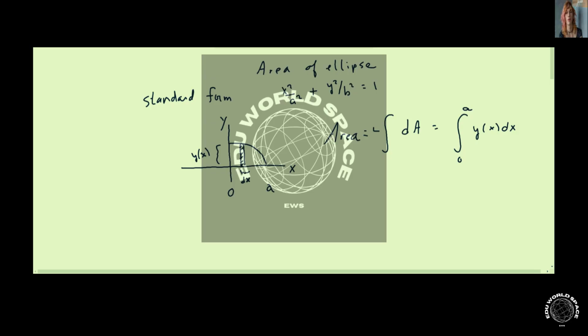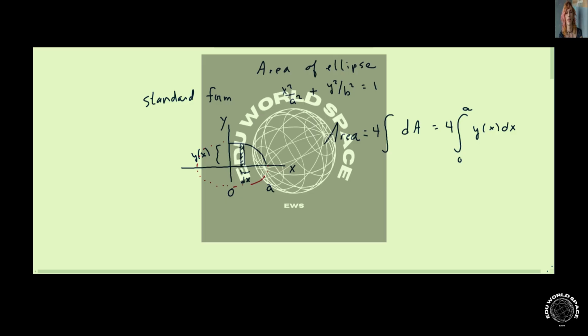And I should also multiply that area by 4 because I'm just finding with the integral the area in the first quadrant. Okay, so that 4 is for all 4 quadrants. Kind of imagining the rest of the ellipse taking up the same amount of space in 3 other quadrants.